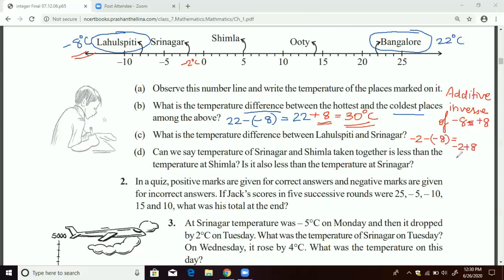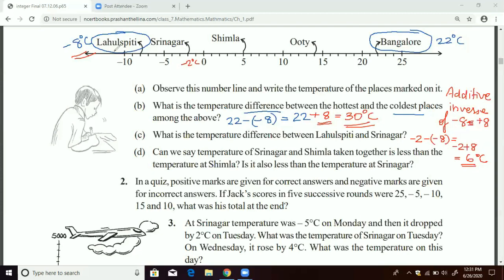You are finding the difference and putting the sign of the large number. The difference is 6, and the large number is a positive value, so you leave the positive sign. So the answer is positive 6 degrees Celsius, the temperature difference between Lahul Spiti and Srinagar.